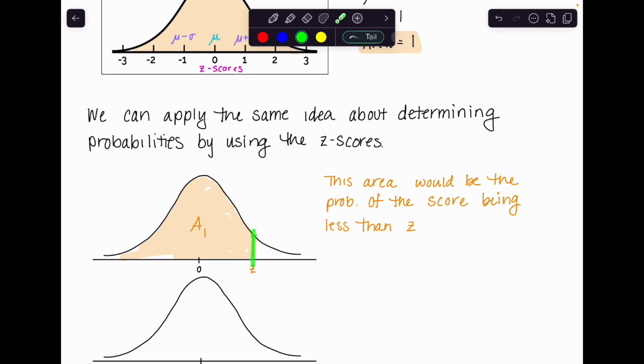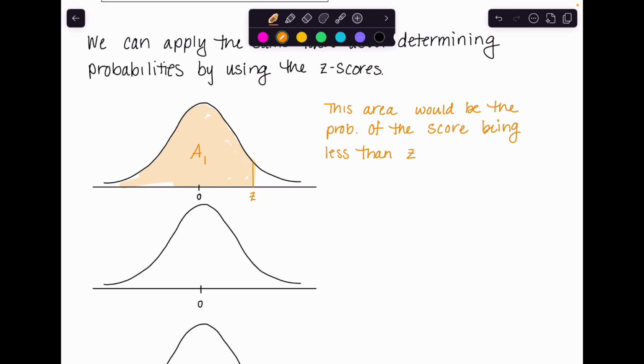So say this is 3, then the area would be the probability of having a z-score less than 3. If I want the area bigger than it, let's call this area A2.